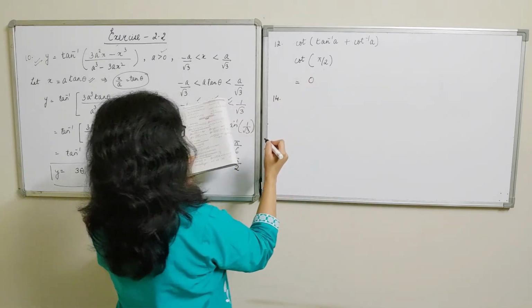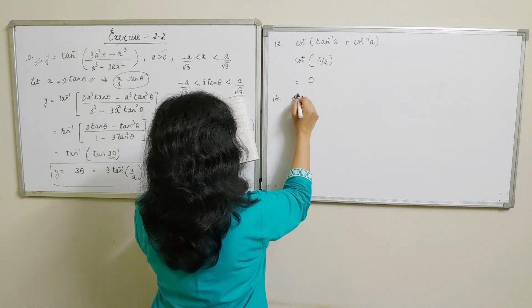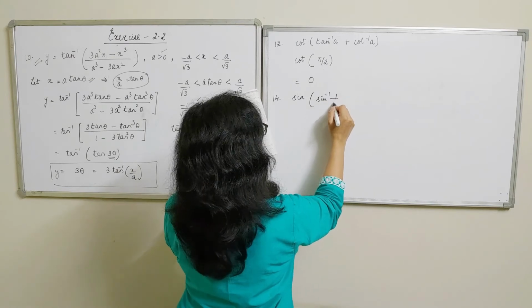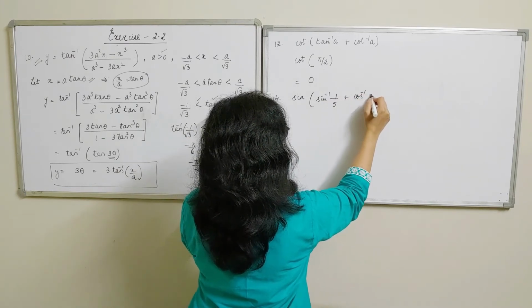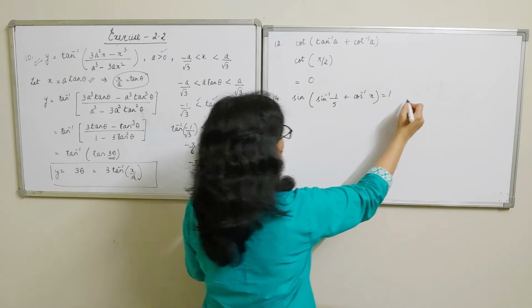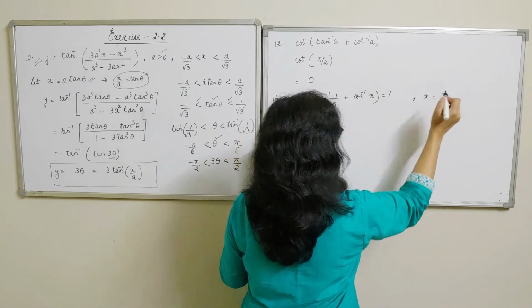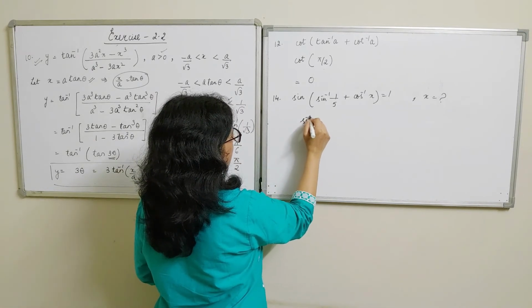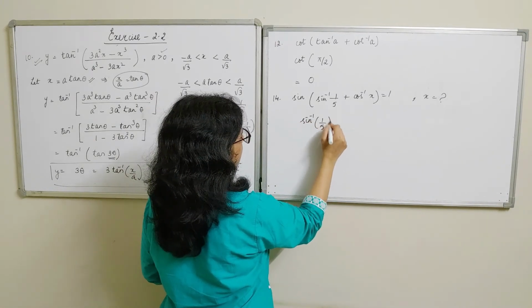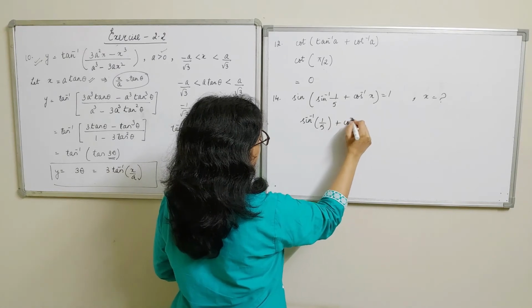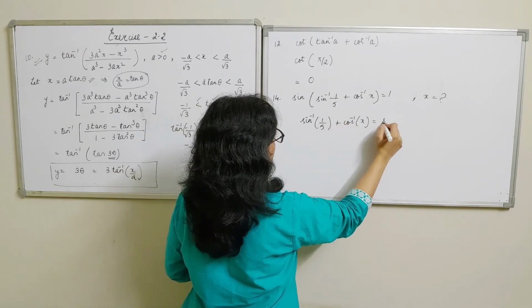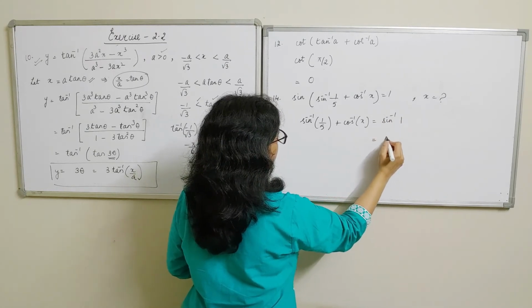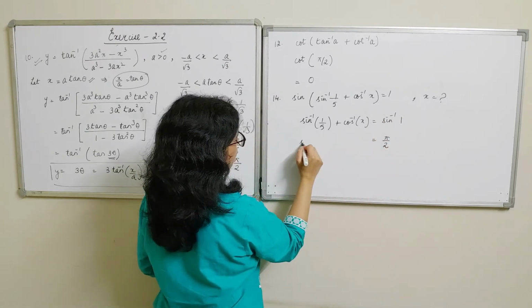Then 14th question. If sine inverse 1 by 5 plus cos inverse x is equal to 1, then we are required to find out x. So the equation can be rewritten as sine inverse 1 by 5 plus cos inverse x is sine inverse 1, and we know sine inverse 1 is pi by 2.